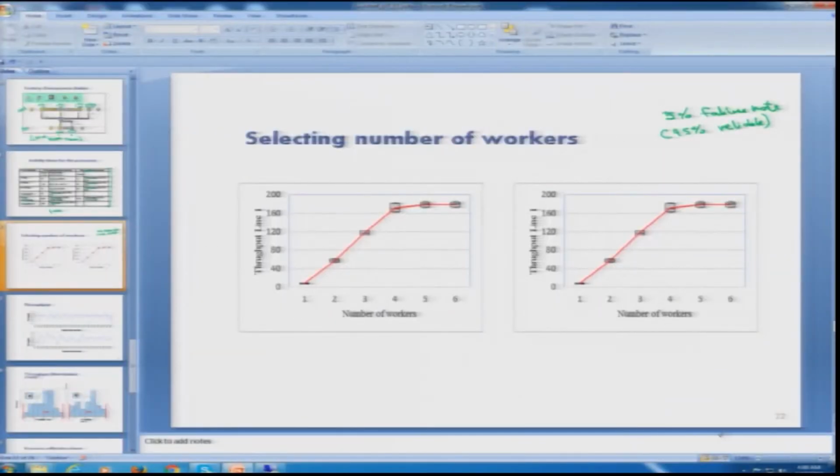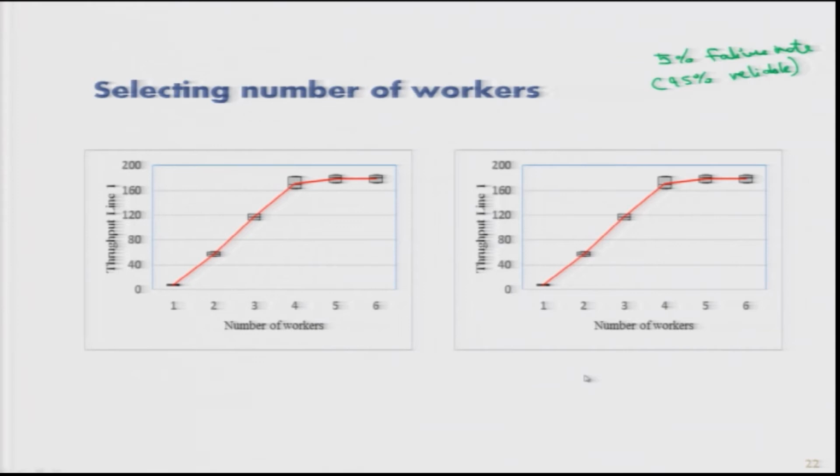Okay. So, this is my machine failure rate, and the worker travel speed here is 80 meters per minute, which is given by ILO, 80 meters per minute as recommended by the International Labour Organization, which is also shortly termed as ILO.